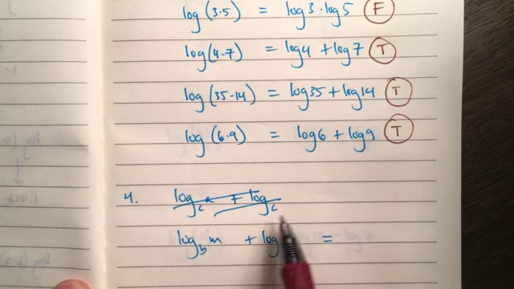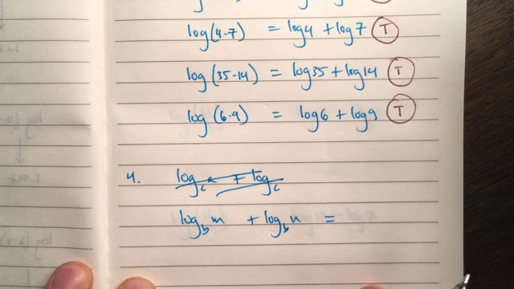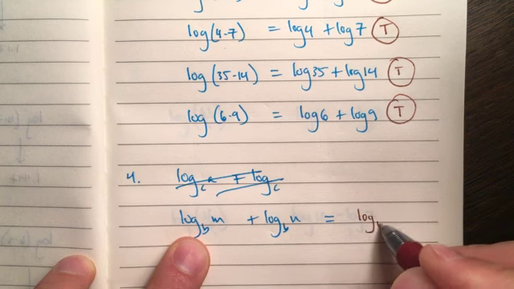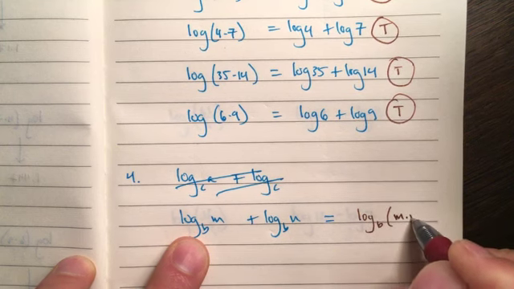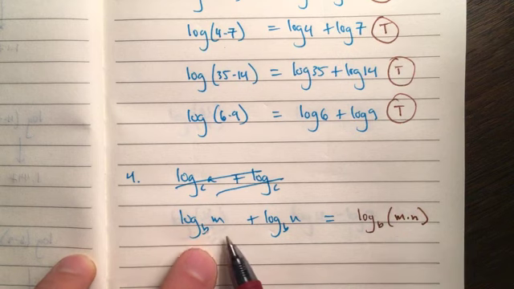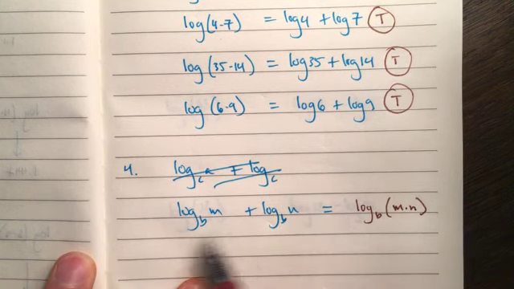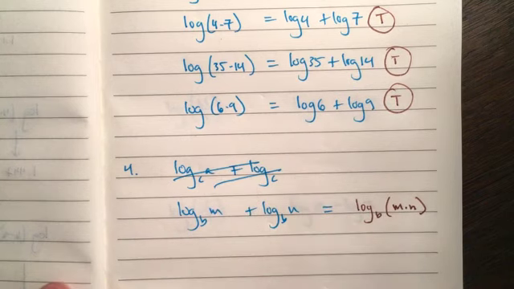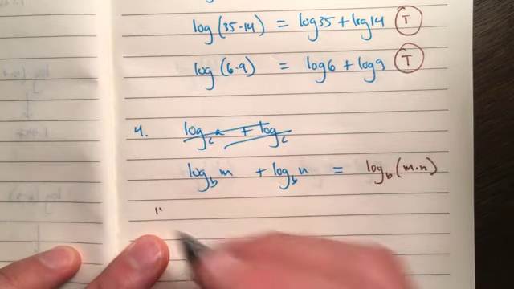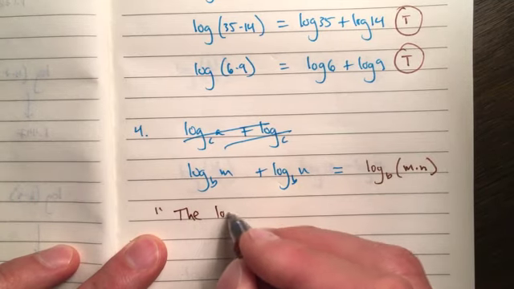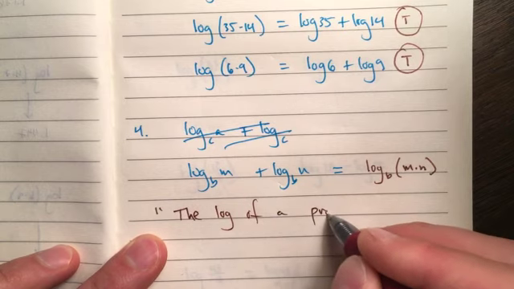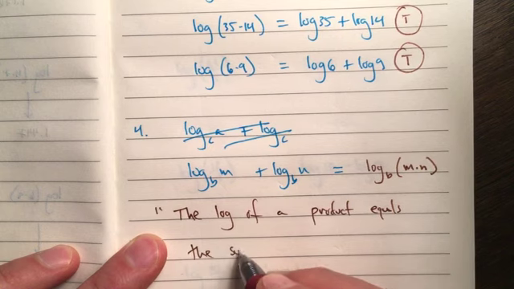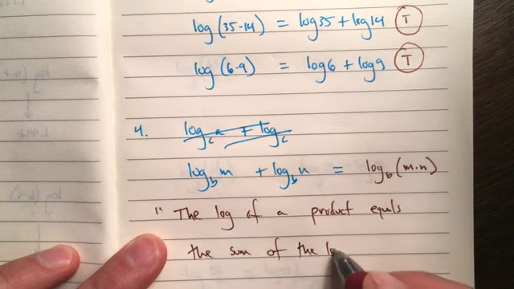I don't love their choices of variables, so I wrote mine with different variables. But basically what we're showing is that when you add two logarithms, you can combine them into one by multiplying the stuff inside. So I will write the log of a product equals the sum of the logs.